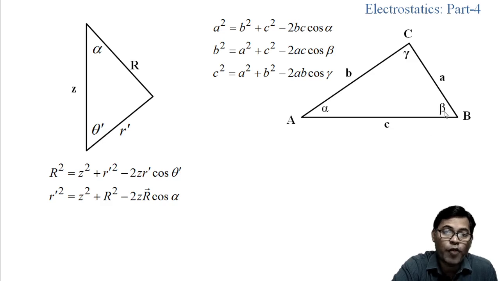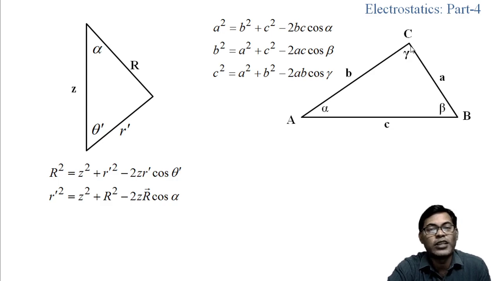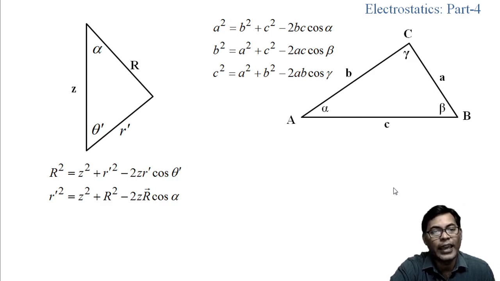Now if we want to find this length a, then using the cosine rule we can find it: a square equals b square plus c square minus 2bc cos alpha. Again, if we want to find b, and a and c are given and beta is given, we can find b.